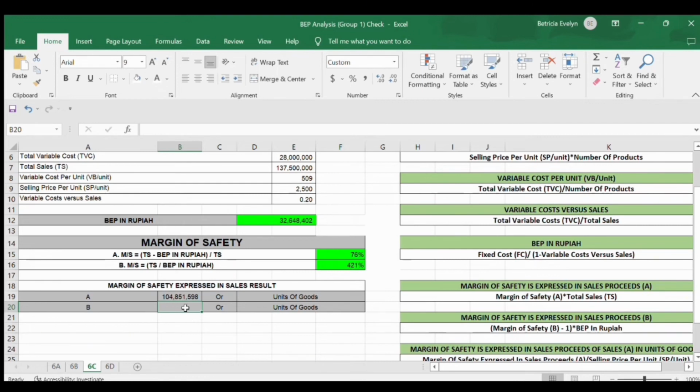And next one is B equals open bracket margin of safety B minus 1, close bracket, multiply by BEP in rupiah and enter.